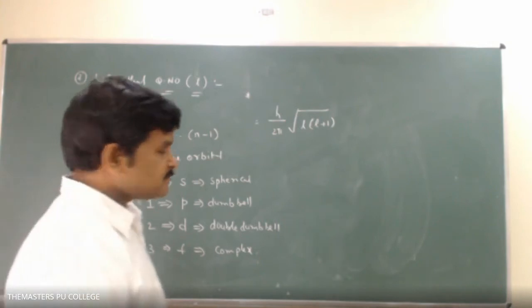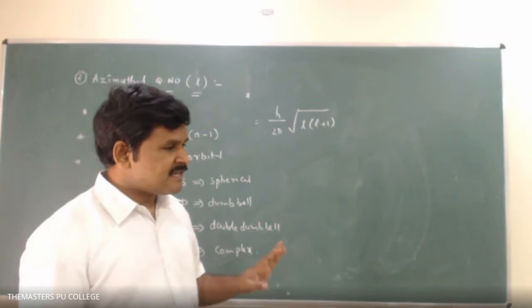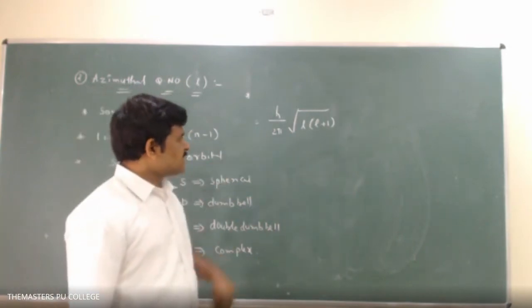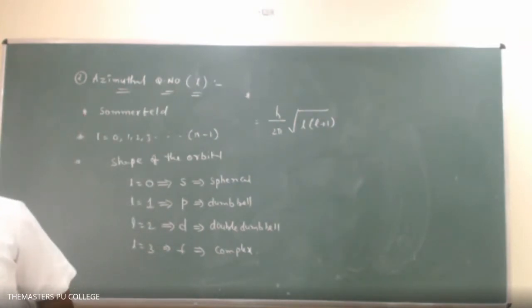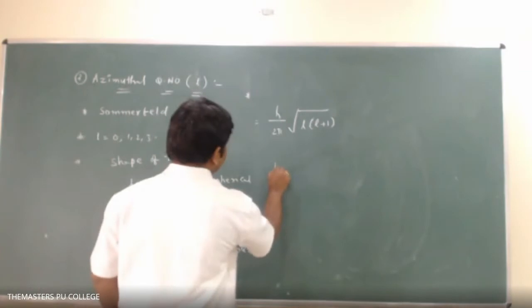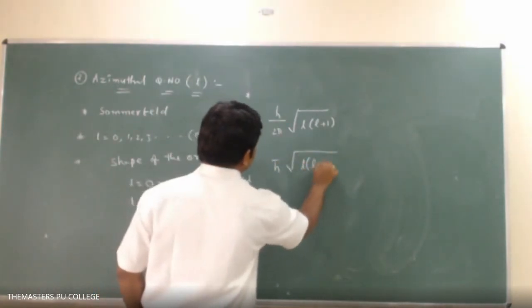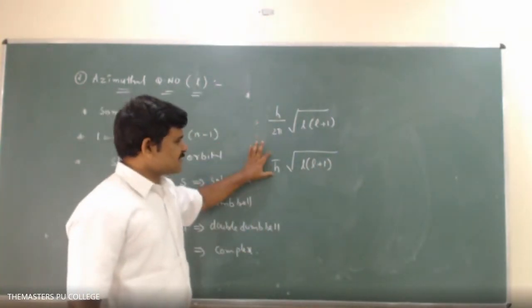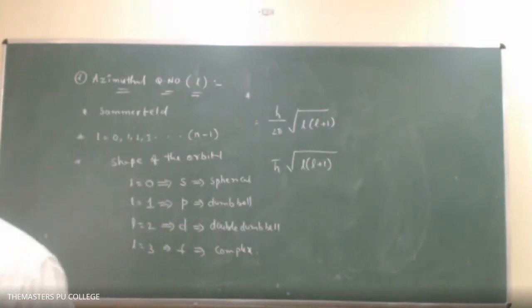I repeat, the angular momentum of an electron in an orbital is equal to h by 2 pi root of L into L plus 1, or h cap into root of L into L plus 1. H cap means h by 2 pi value; we can take it as h cap or h bar.